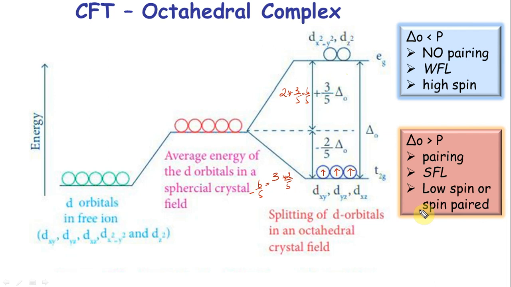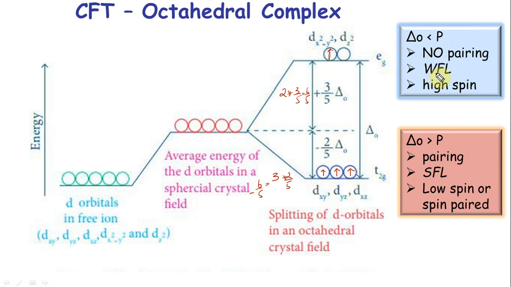That is called the pairing energy, P. Do I supply energy to pair it, or do I supply energy to take it upstairs? If the separation is smaller than the energy I have to pair, logically I would put it up here. Because pairing costs more energy and this costs less, I will not pair, I will put the fourth electron here.